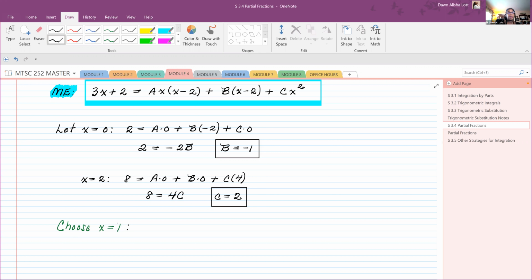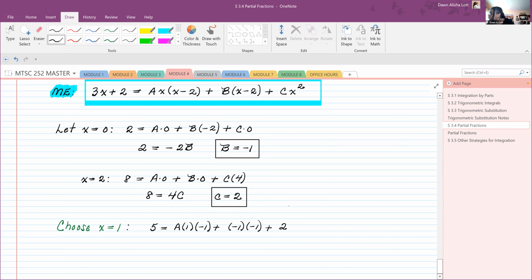So when I choose x equals 1, on the left-hand side, I get 5 is equal to a times 1 times -1 plus b. I already know b is -1. So I'm going to put 1 in there. So I get 1 minus 2. So I'm going to get -1. And then I'm going to get c. Well, c is 2.